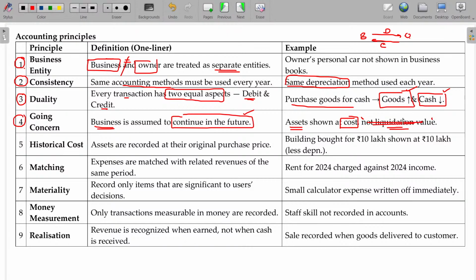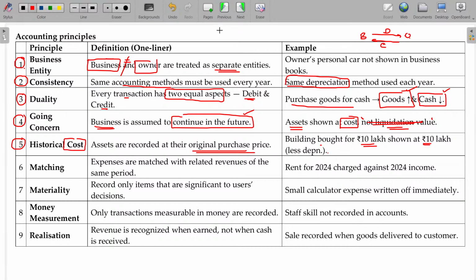And you have to follow the accounting principle of historical cost, otherwise called cost. The assets are recorded at their original purchase price. A building bought for 10 lakhs is shown as 10 lakhs only. If you need, you can subtract the depreciation.